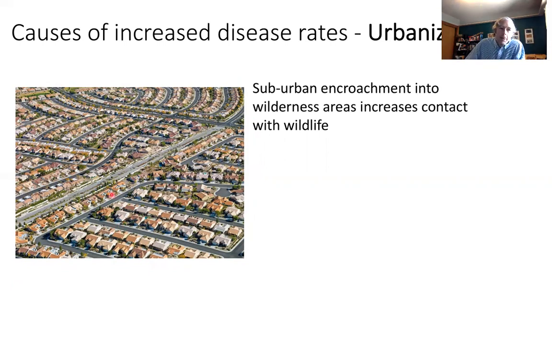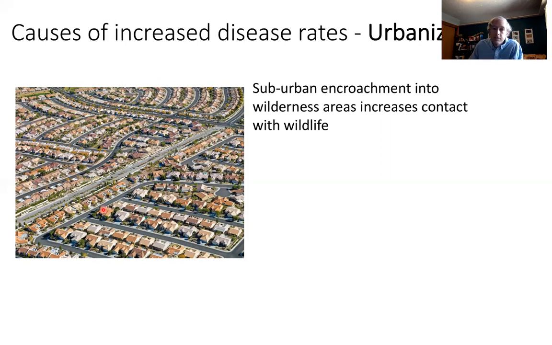But critically, when they move into the suburbs, they don't produce the hardcore urban landscape we associate with the inner cities. So we maintain lawns and hedgerows and shrubs and trees and green spaces. We maintain a little bit of natural ecosystem. This encroachment into wilderness areas massively increases contact with wildlife.